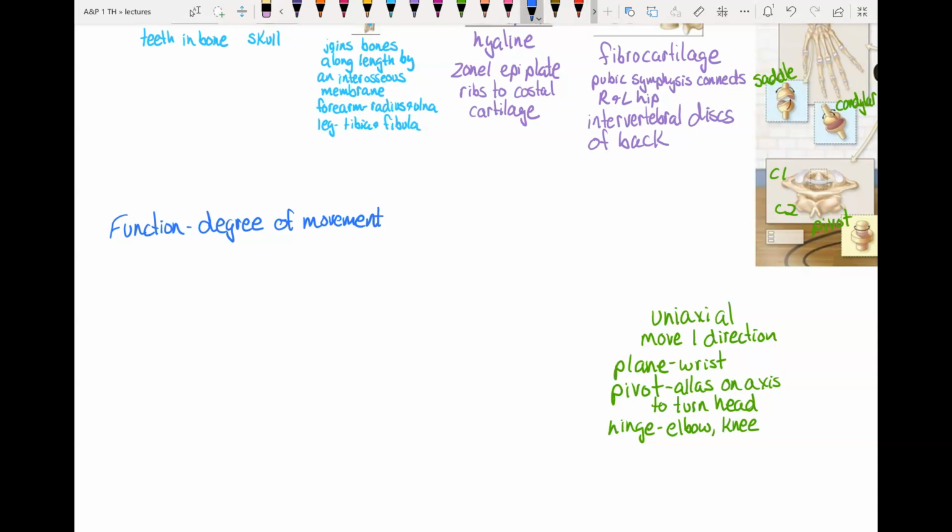So we have three different categories for this. You can have synarthrosis. Syn means together. So synarthrosis, the bone and what it's connected to stay together, so there is no movement.